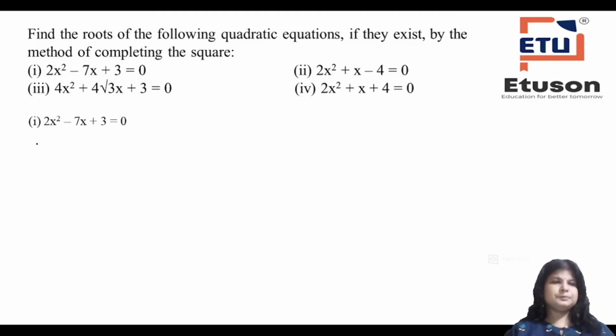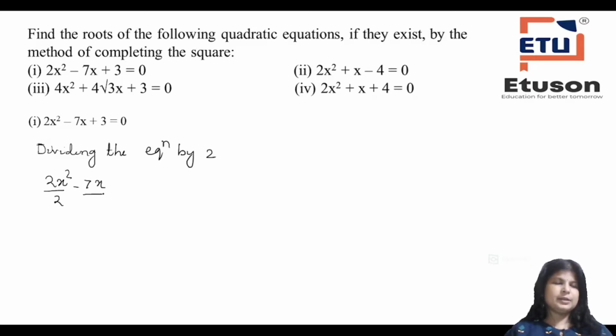So first, in order to bring it to a perfect square form, we can divide the equation by 2. Dividing the equation by 2, we get 2x square divided by 2 minus 7x divided by 2 plus 3 by 2 is equal to 0.